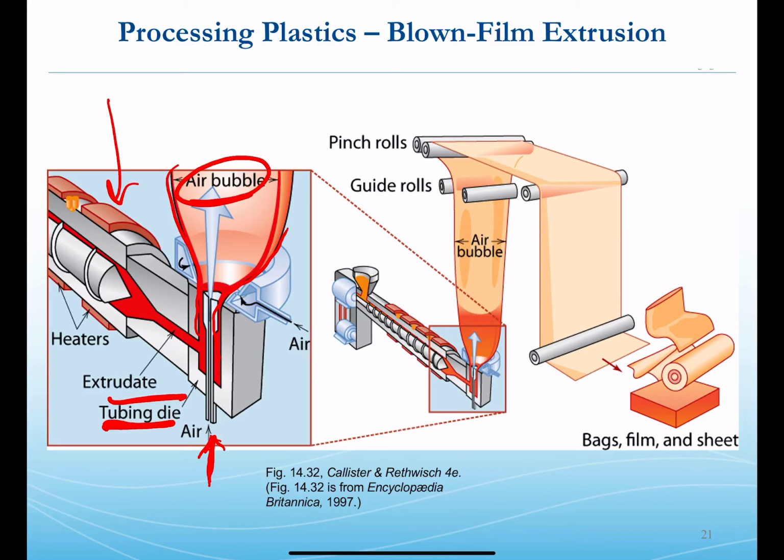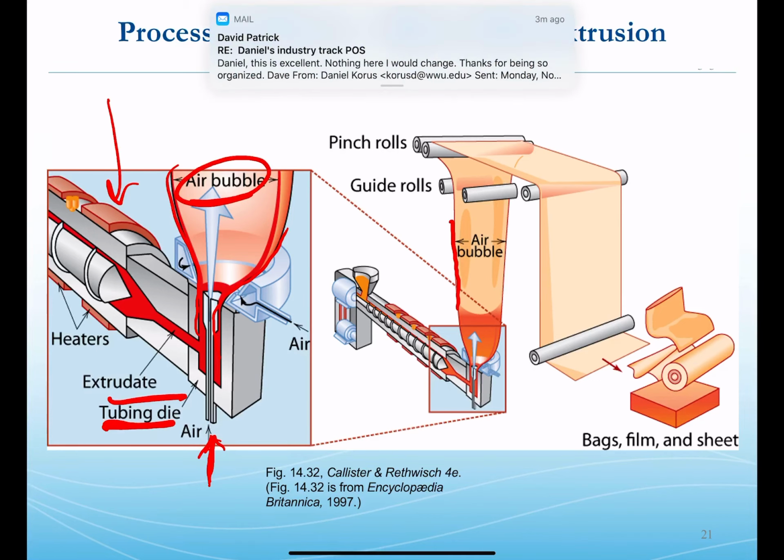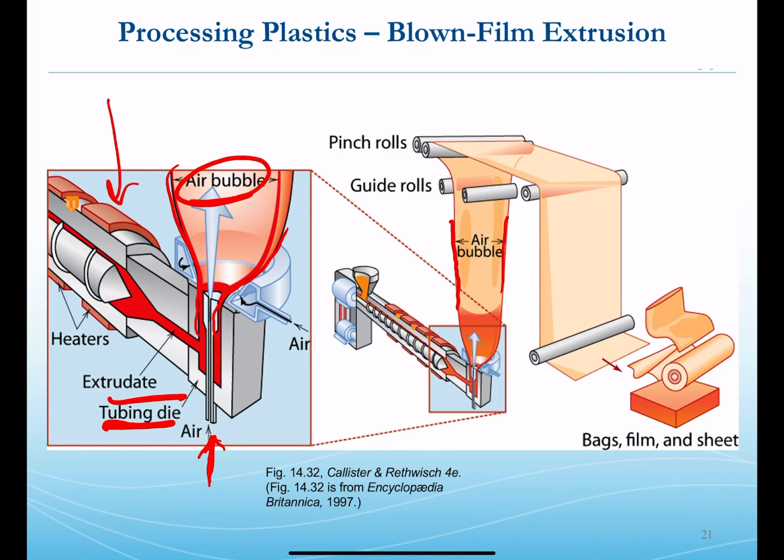And ultimately that thermoplastic material is allowed to cool as it travels up to some guide rollers and pinch rollers for recovering the material either in the form of a film, or there can be some cutting to provide freestanding sheets, or ultimately even perforated bags, for example.